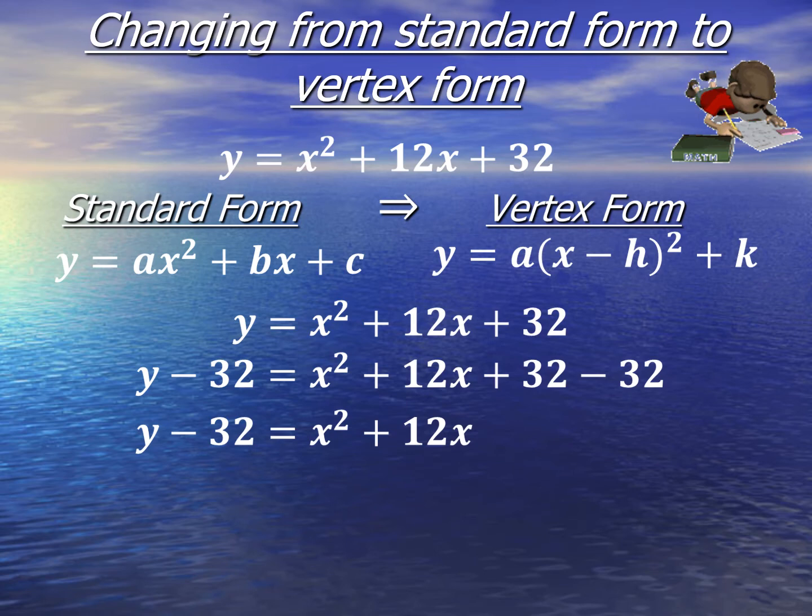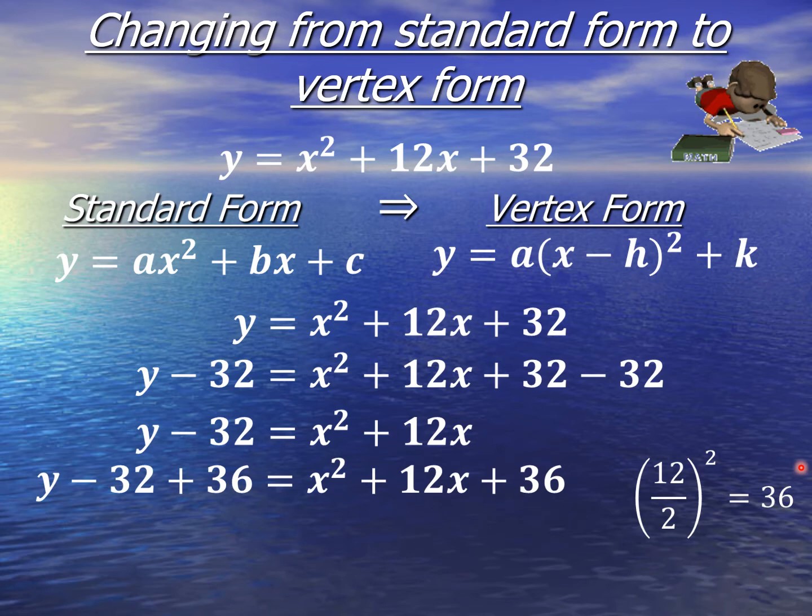In completing the squares, whatever the numerical coefficient of the second term, we are going to divide it by 2 and then square it. So 12 divided by 2 squared is equal to 36. Then we are going to add both sides by 36. Negative 32 plus 36 is equal to 4. So then 4 will be transposed to the other side.